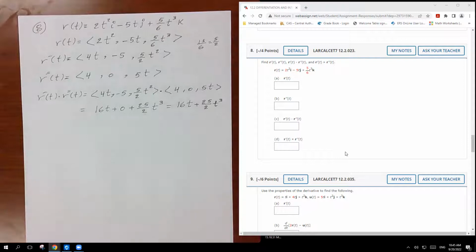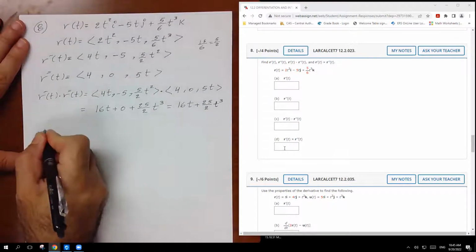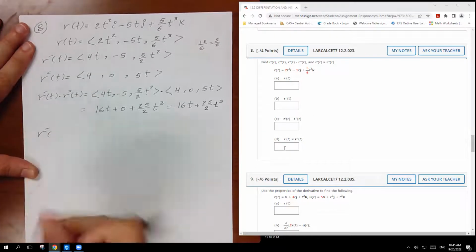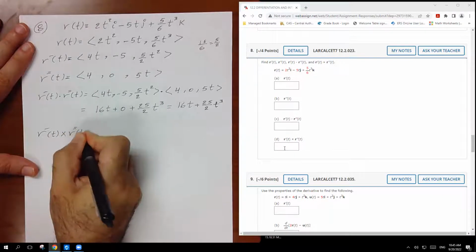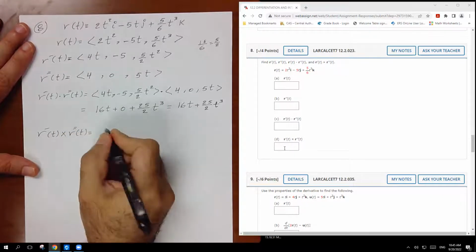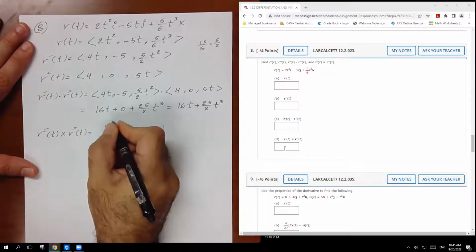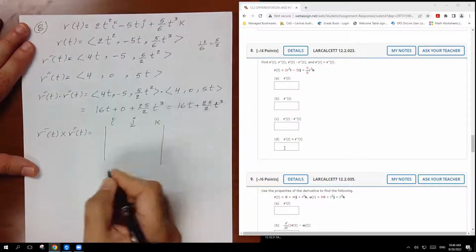Now the next part is to find the cross product. So the cross product now between r prime of t and r double prime of t. If you remember the cross product, this is for the i, for the j always minus, and here is the k.